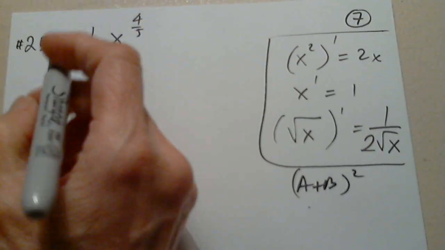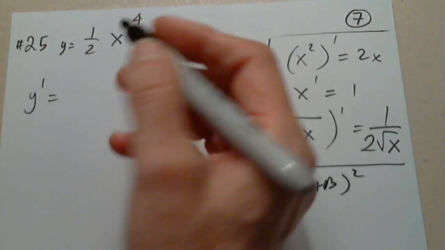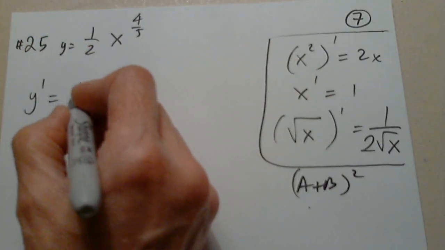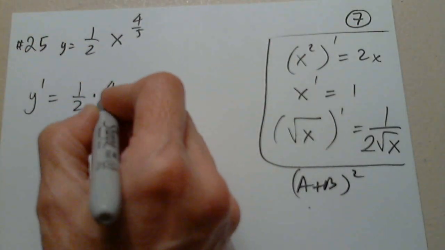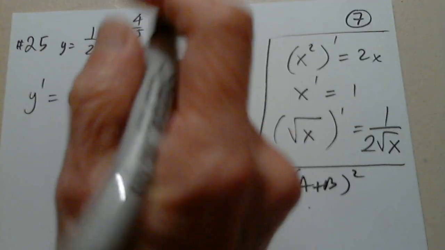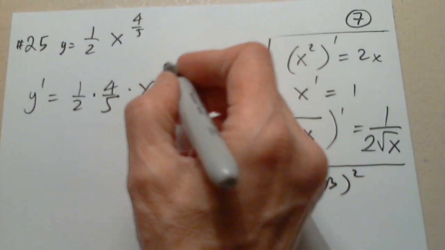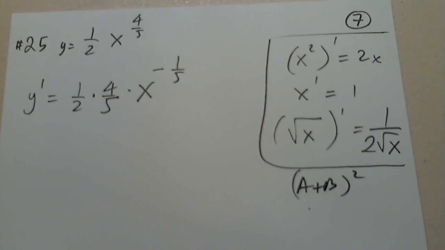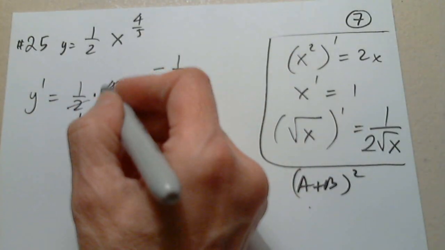Okay, so now y prime, I bring down 4/5, 1/2 times 4/5 times x. 4/5 minus 1 is negative 1/5. These are not friendly numbers. These are not friendly functions. They're not. Yes, I'll simplify.